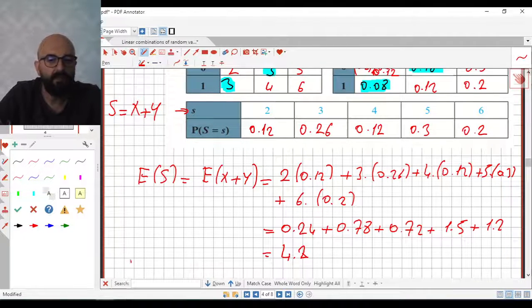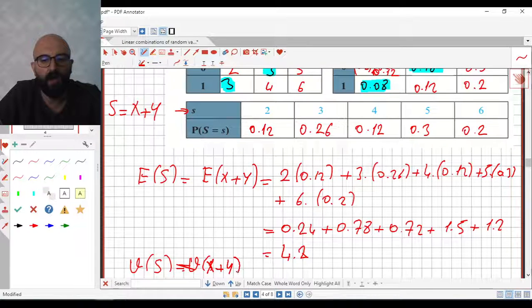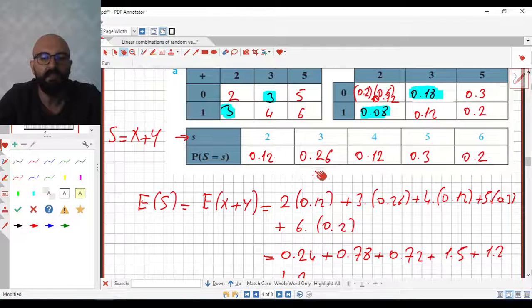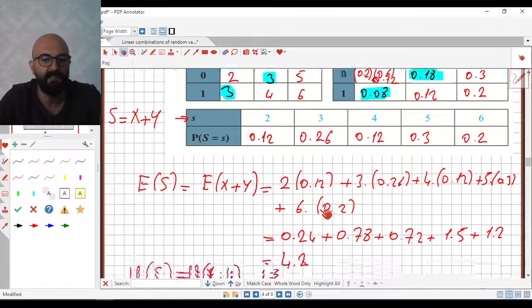And the variance of S, where S means X plus Y, is 1.8. We can figure this out by looking at this table.